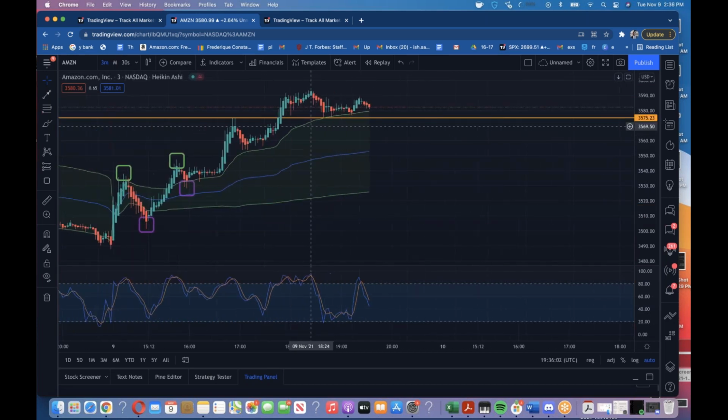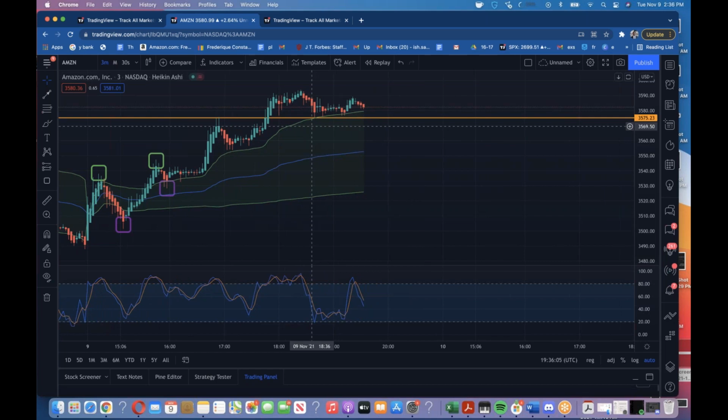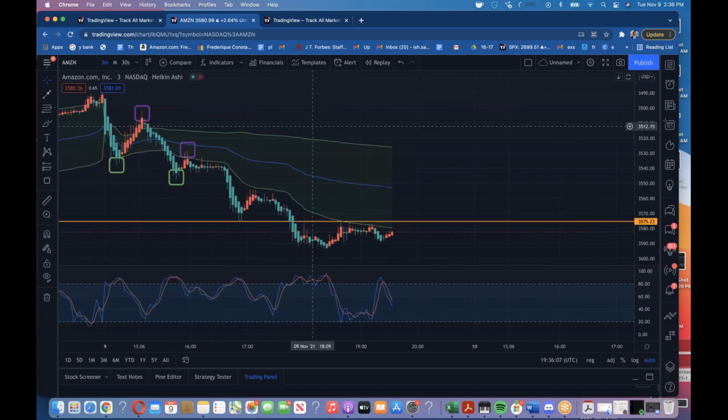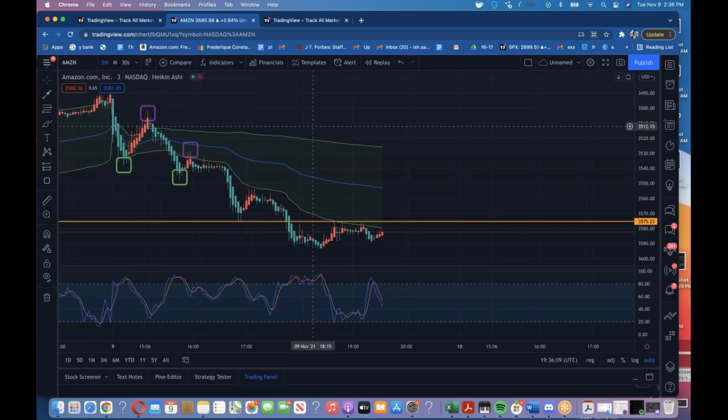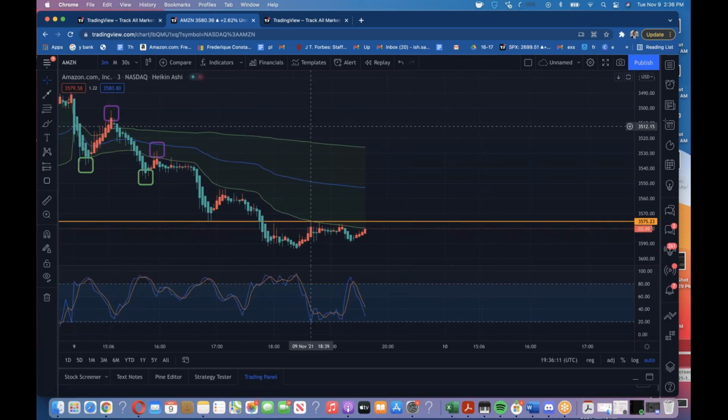Essentially, guys, this is going to make a lot more sense for us. Stochastics is always to be used when something is in a trend. So we're identifying this and saying it's a downtrend. In this downtrend, what we're looking for on stochastics is a break above 80, or a breakdown below 20.